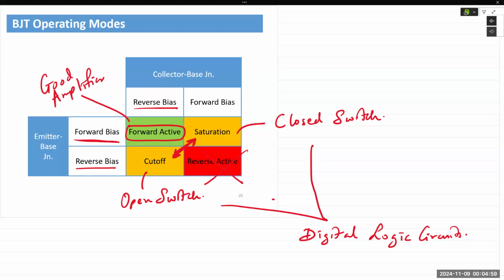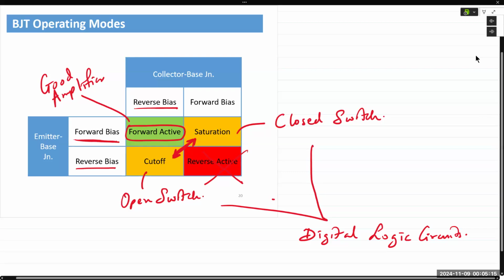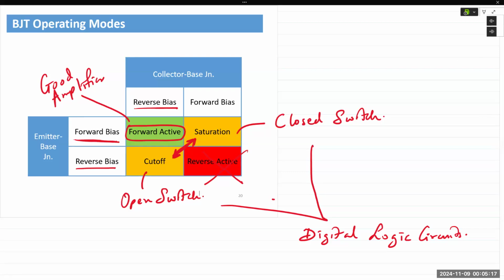Okay, the asymmetrical nature. So these are the three primary modes of operation: the forward active, the saturation, and the cutoff. Okay, I think for this video we'll stop right here, and then we'll pick up from this point on in the next video, next lecture.